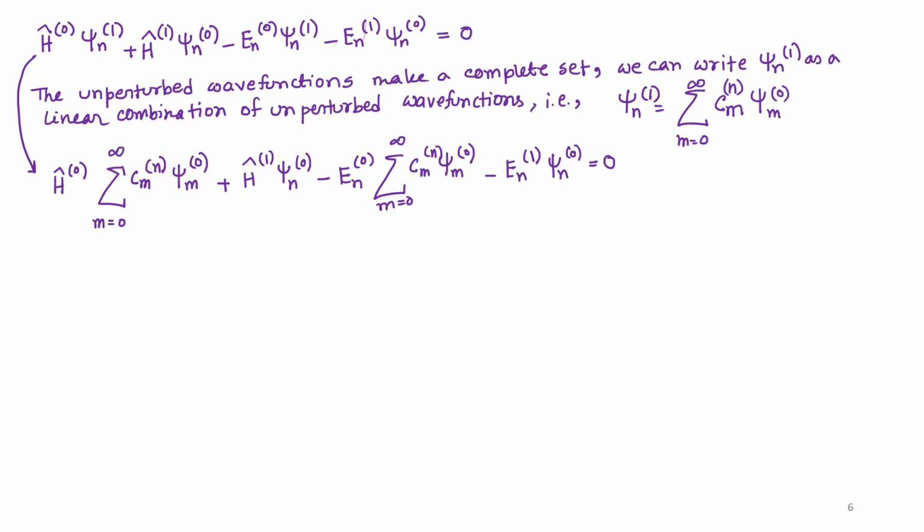We want to multiply with the complex conjugate of psi_l^(0), another zeroth order wave function. And what do I mean by left multiply? Left multiply means I am multiplying from the left hand side. We are writing the psi_l on the left side of that, and integrating over all space.